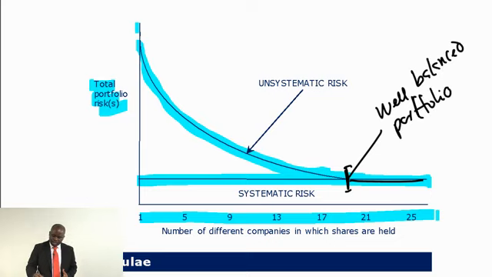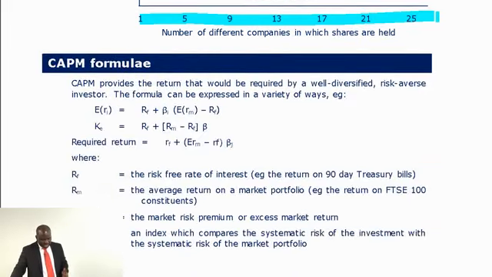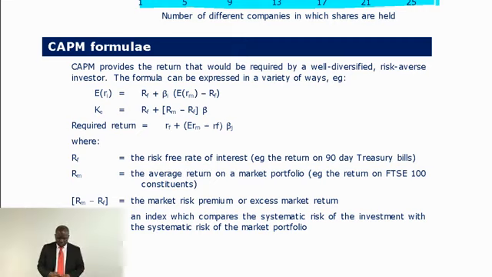CAPM is assuming that all the unsystematic risk is eliminated because the investor is rational. And as long as the investor is rational, we will be able to have only systematic risk. Those are the formulas in here for you. So that is the formula for CAPM.